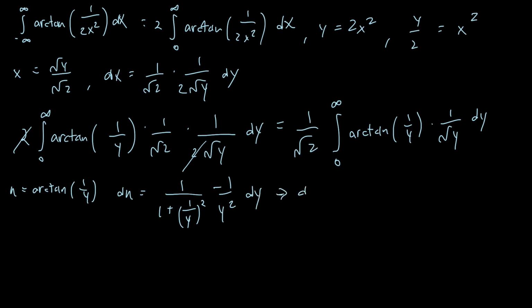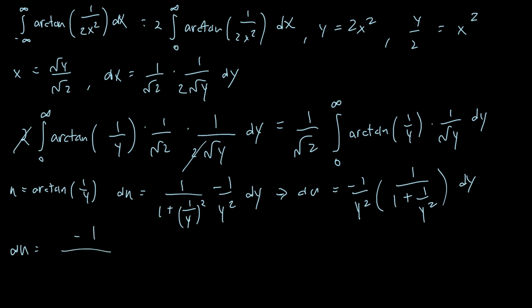So we have du is negative 1 over y squared times 1 over 1 plus 1 over y squared dy. Simplifying that, we have du is negative 1 over y squared plus 1 dy, and dv will be 1 over the square root of y, and integrating that we get v equals 2 times the square root of y.